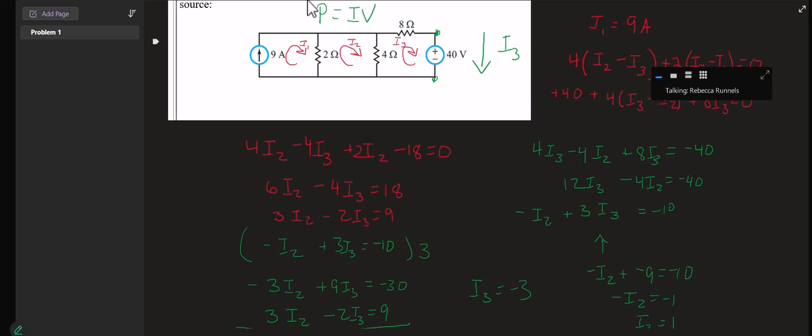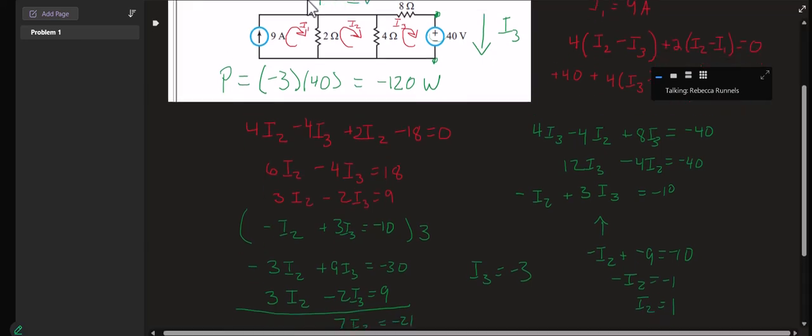So I3 going in this direction is entering into the positive side of the voltage source. So my power is going to be my value of I3, which is negative 3, times positive 40, which gives me negative 120 watts.